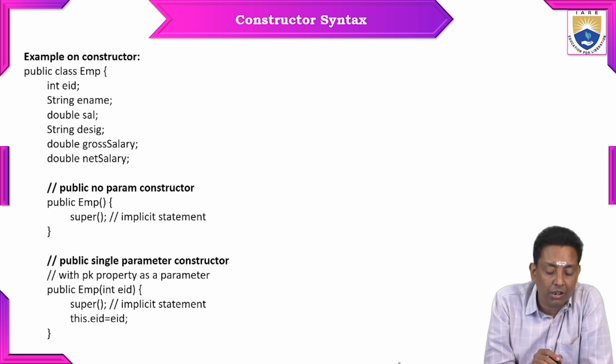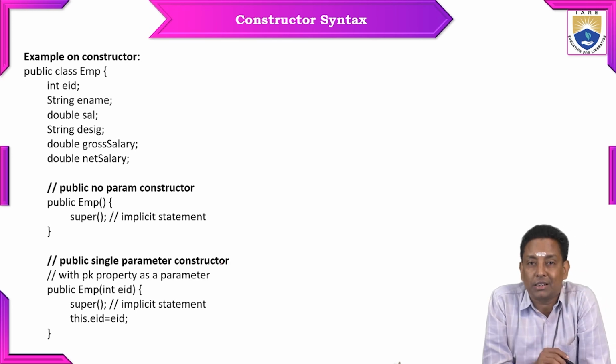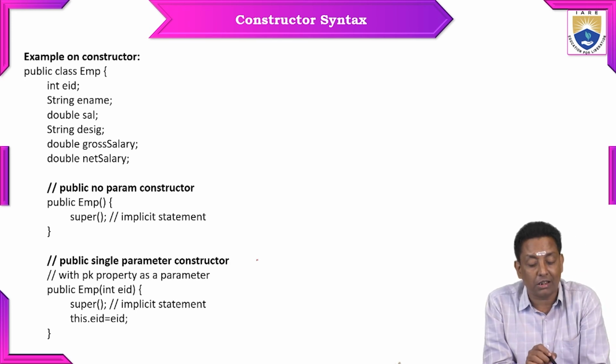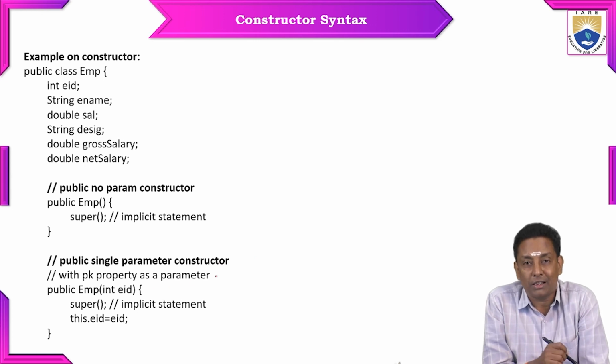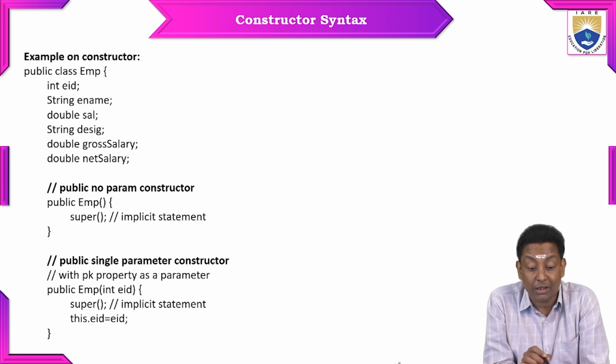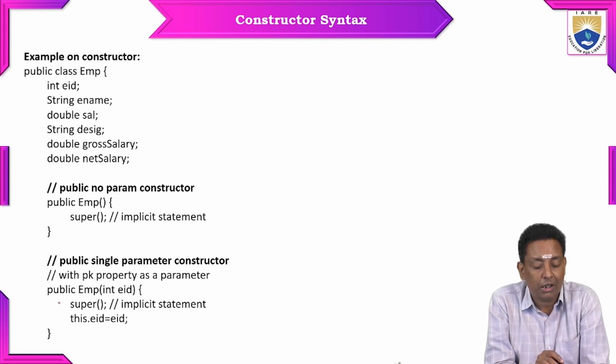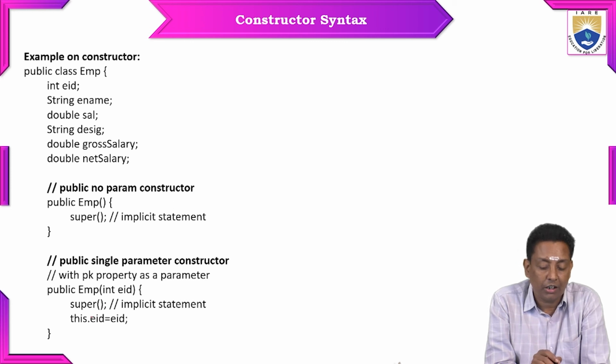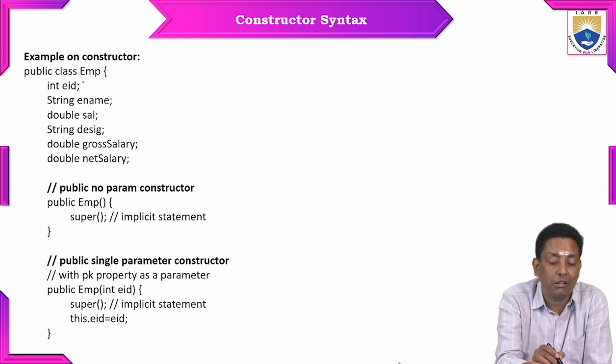Next, this is a public single parameter constructor, with the primary key property as a parameter. So here I am writing public EMP, int EID. Inside, I call the superclass constructor and assign the EID to the class instance variable.